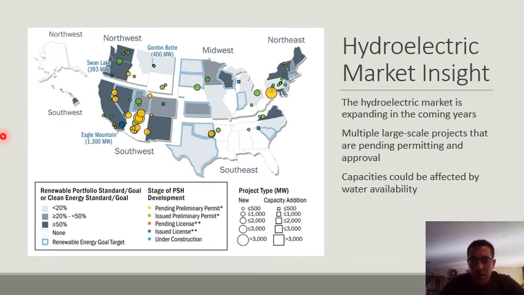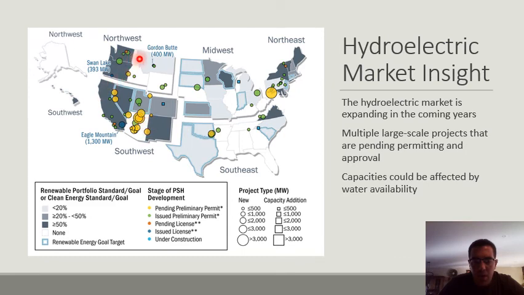However, you can still see planned projects that are dealing with hydroelectric power. We have some that are, these green ones are approved. They have their preliminary permits, but then these yellow ones are pending preliminary permits.